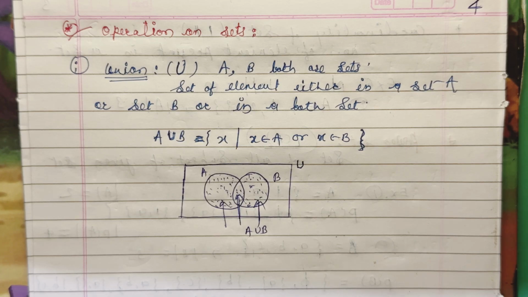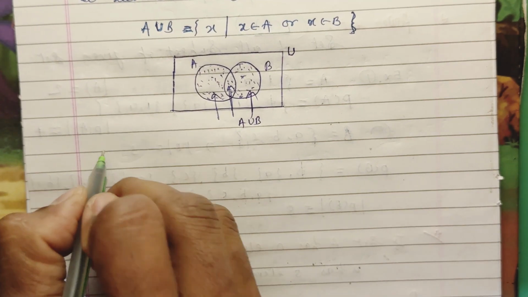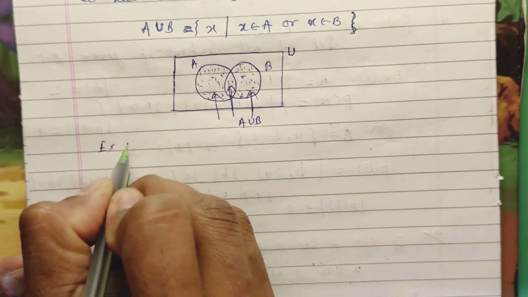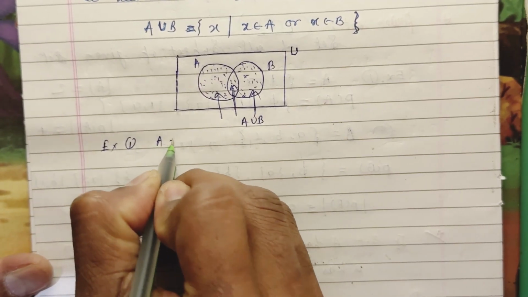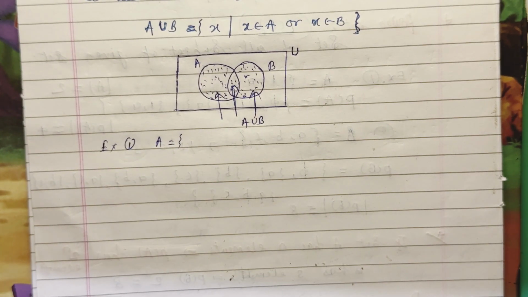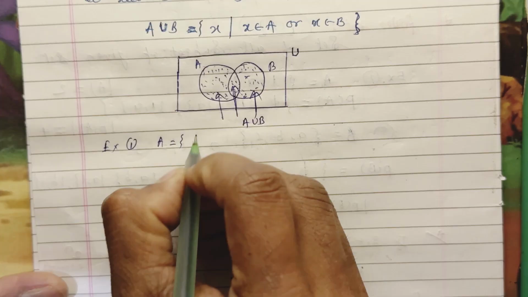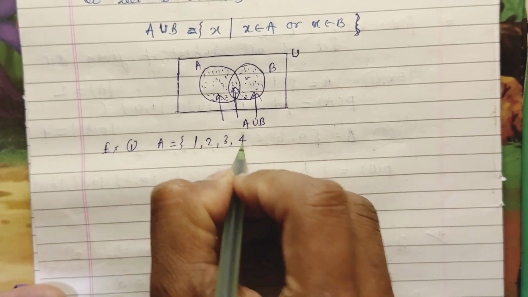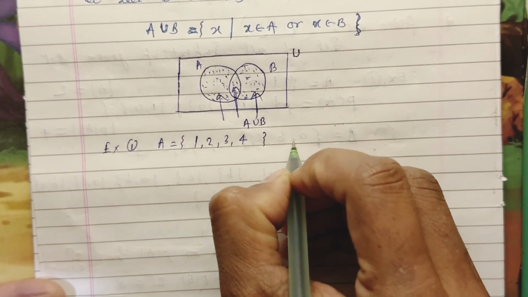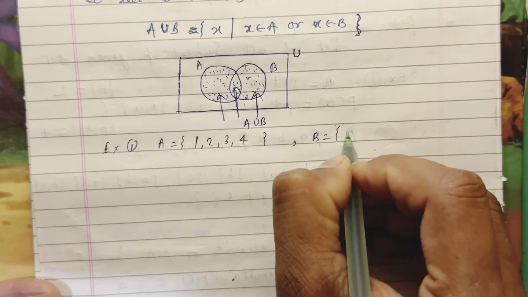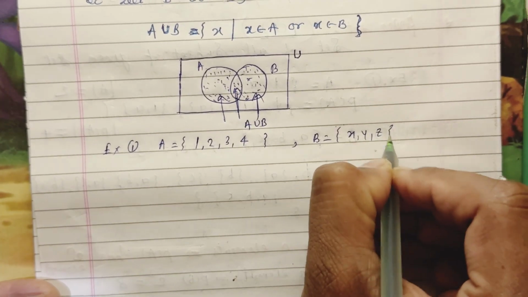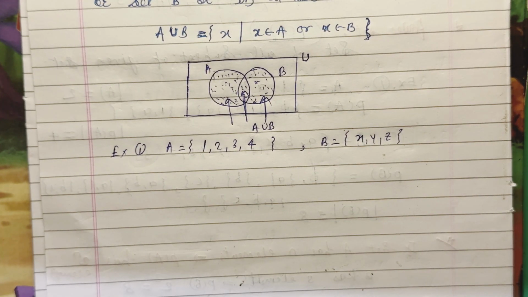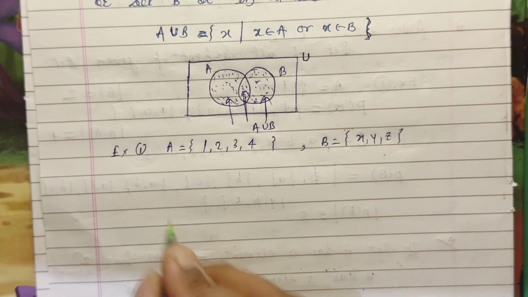Let me explain with an example, guys. An example can clear your concept easily. If I consider set A as 1, 2, 3, 4, and set B as x, y, z, what is their union?